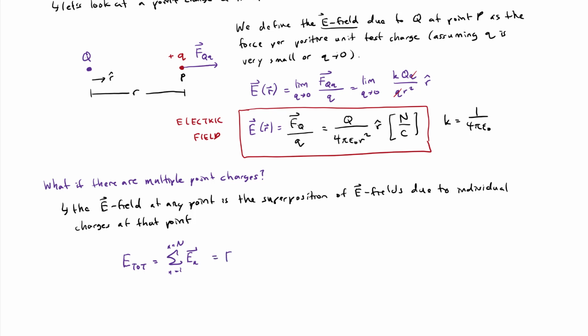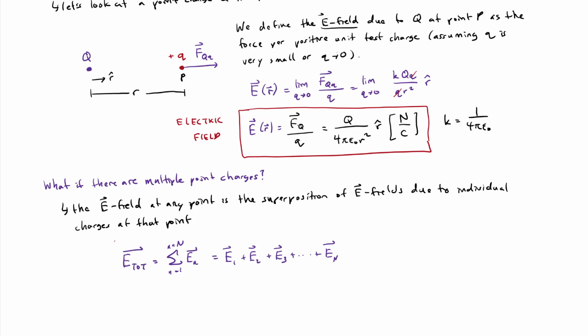So that would essentially be equal to E1 plus E2 plus E3 plus however many more there are up to E n.